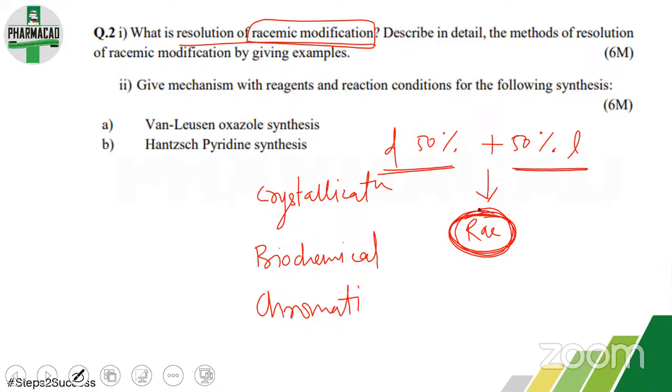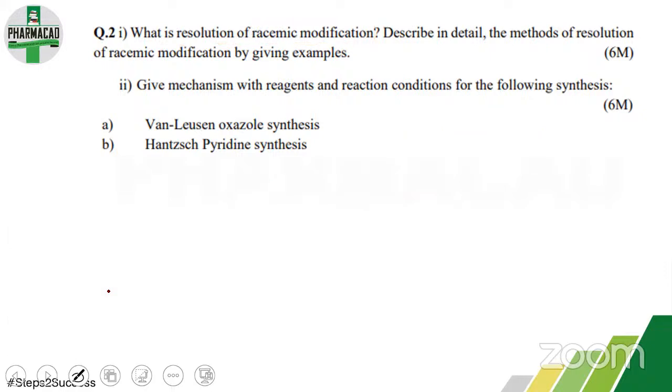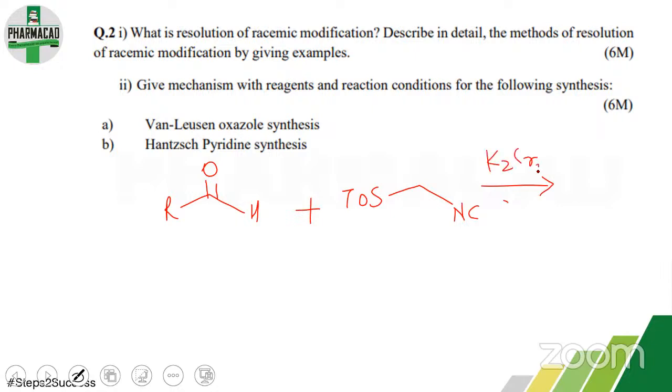Next, they are asking the mechanism for Van Leusen oxazole synthesis and Hantzsch pyridine synthesis. Van Leusen oxazole synthesis involves reacting an aldehyde with tosylmethyl isocyanide, in the presence of potassium carbonate, and we will get the oxazole.